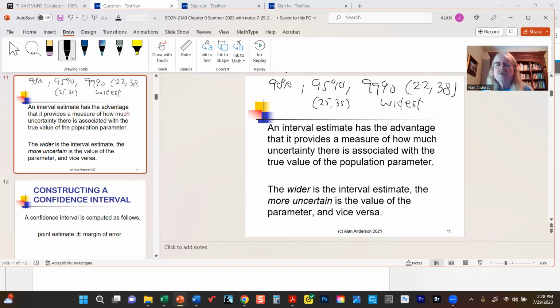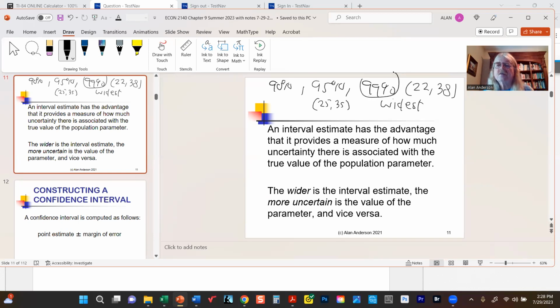And you might end up with 22 to 38. Because what's happening is in the 95% case, you're describing your experience 95% of the time. The 99% confidence interval includes some extreme cases, some of the days when there was nobody on the road and some days when there was tons of traffic. So in order to have the highest level of confidence, we must have the widest interval, which indicates the greatest degree of uncertainty.